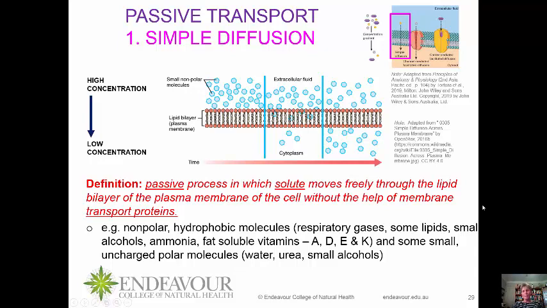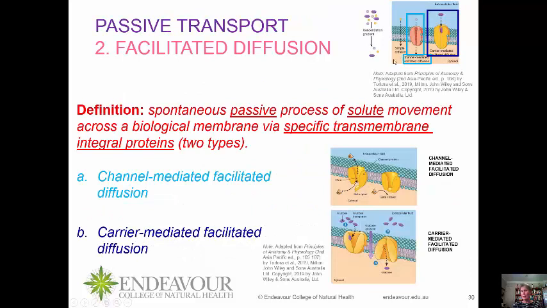So remember, our membrane proteins, we had integral and peripheral, and they had 6 functions. In simple diffusion, it does not need a protein to get through. It goes straight through the plasma membrane. So if you have a look in this diagram here, you have a solute, a particle, that is going straight through the plasma membrane into the inside of the cell.